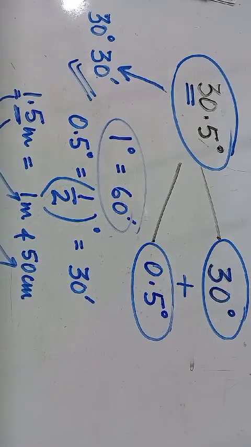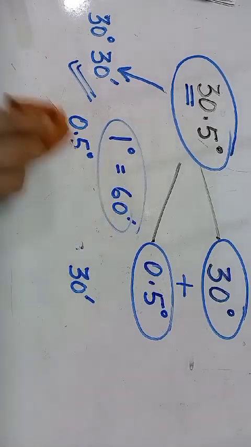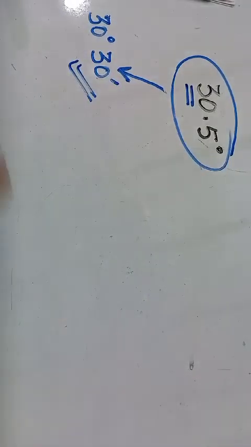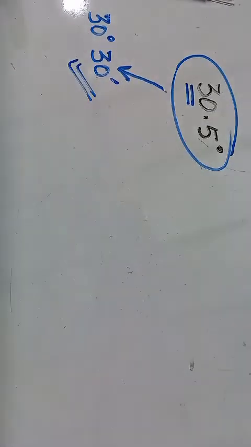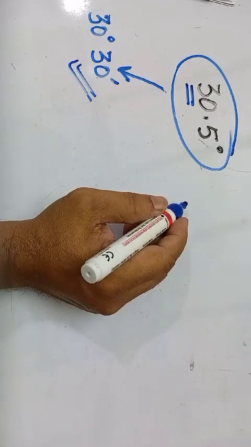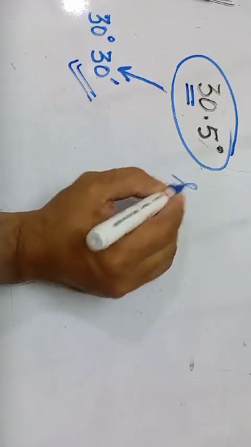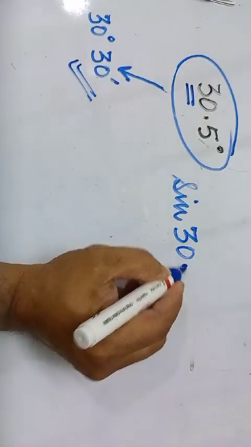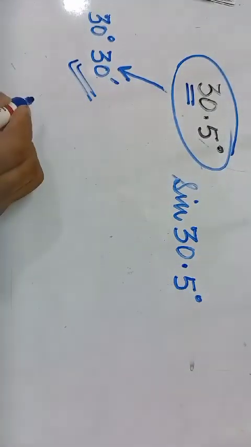Now we are going to go back to the reason why we started making this video. This is to give you a little clarity on how to find out those trigonometric ratio values for these angles. Okay, so let's say, for example, now somebody wants to find out the value of sine 30.5 degree.